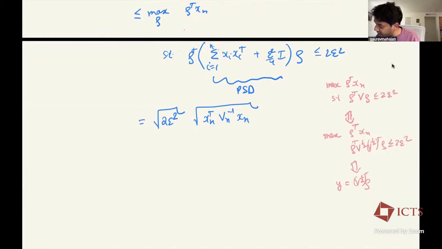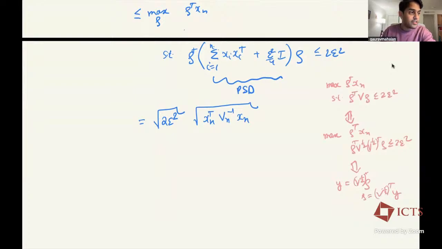After that, it becomes max of V inverse y, and if you just put it in there, the transpose, you'll get the right thing.